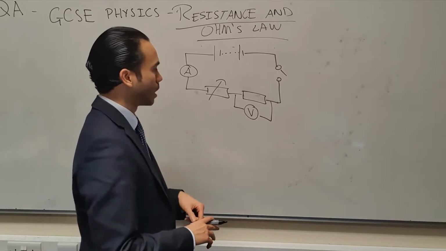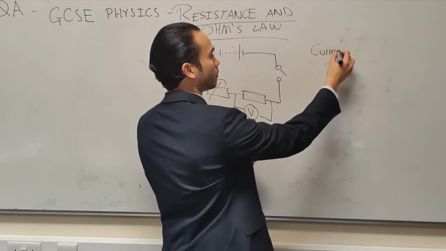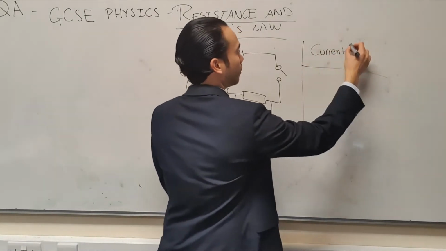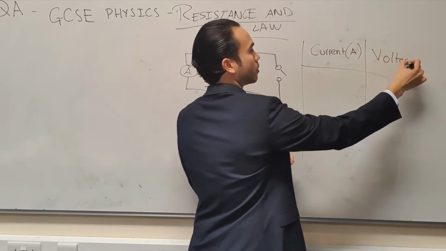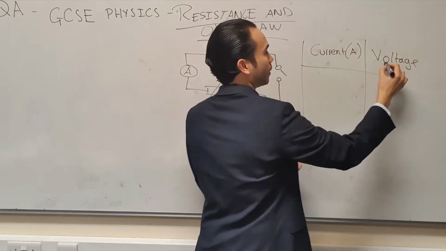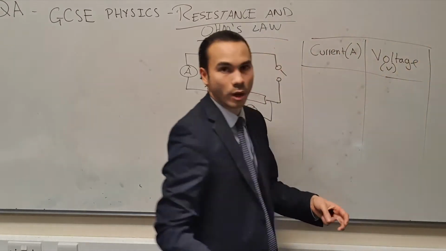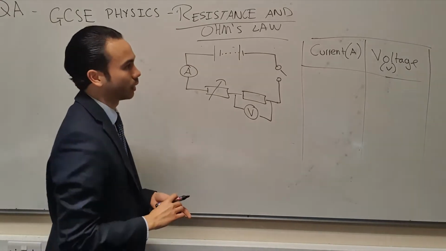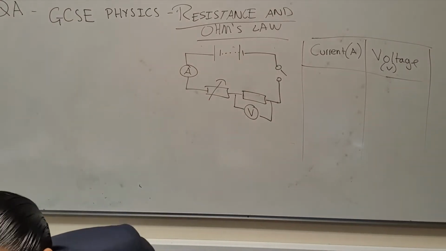Now let's explain how this experiment works. I'm going to have a table of current values and voltage or potential difference values somewhere in my exercise book. And I have my variable resistor.